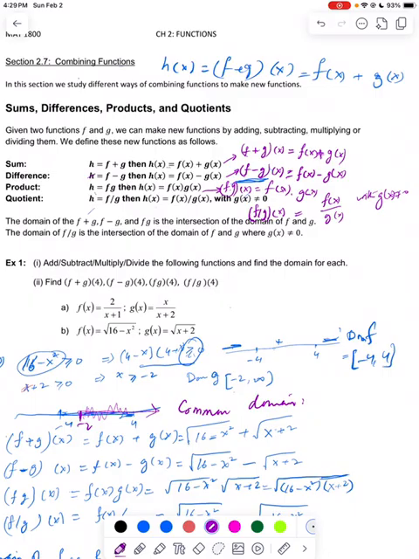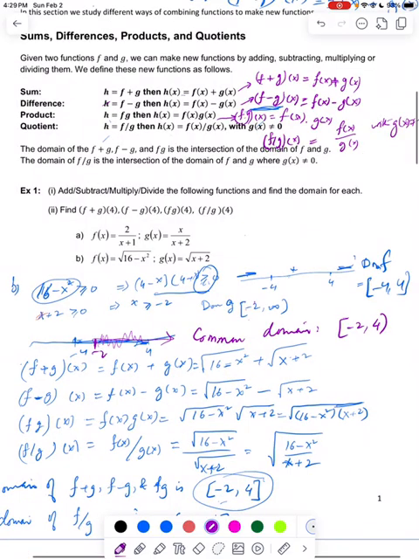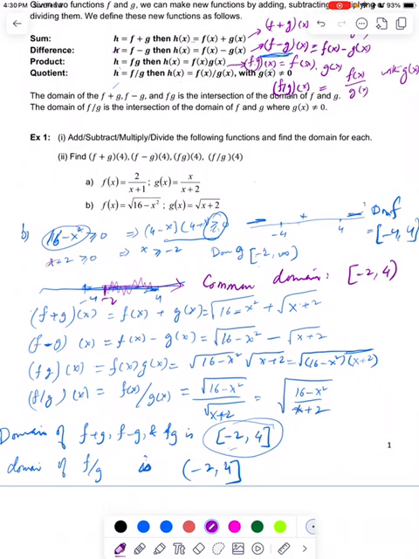So remember, for the g function, when we overlap, the -2 is also in function f. So the common domain will be starting at -2 and going up to 4, and not including 4. So that is the common domain, which means that will be the domain for f plus g, f minus g, and f g.